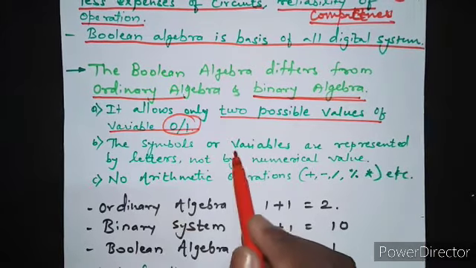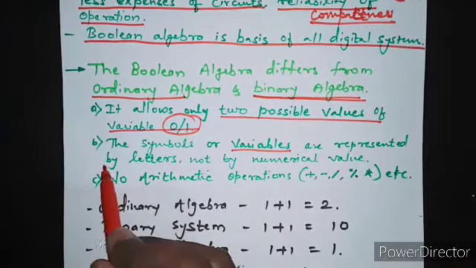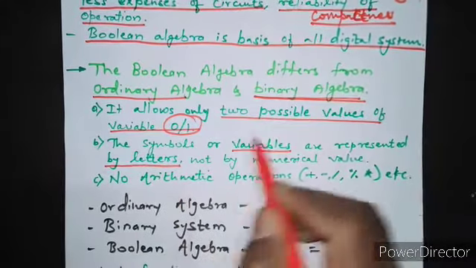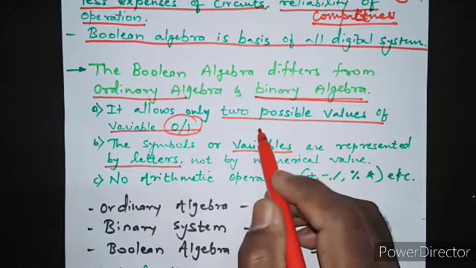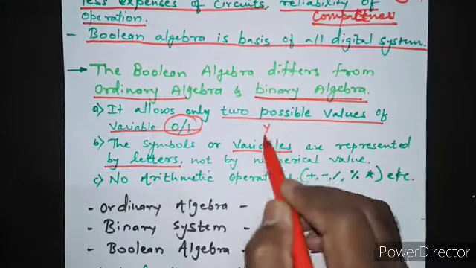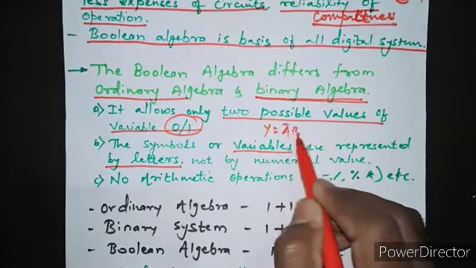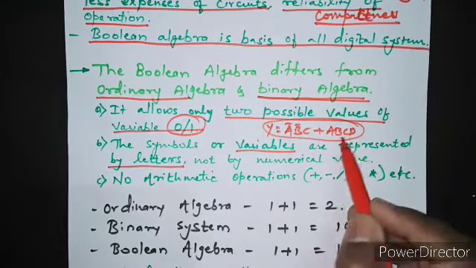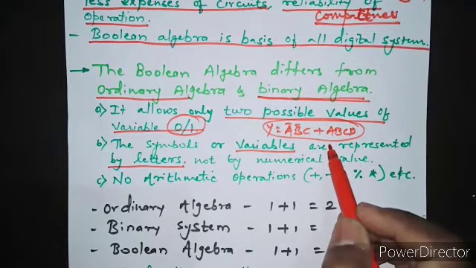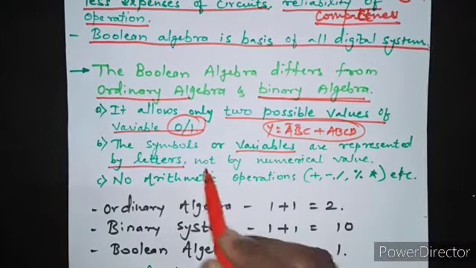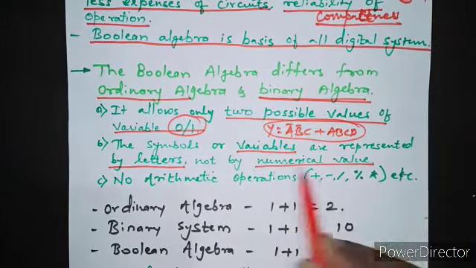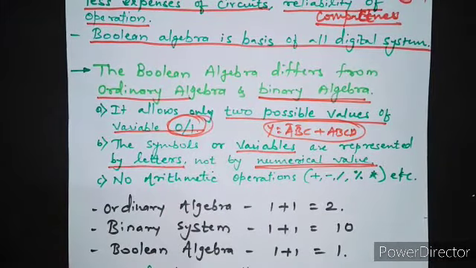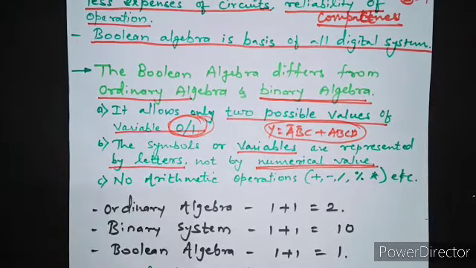The symbols or variables are represented by letters, which we have seen while discussing the logic gates. We had A bar, B bar, C plus AB, so we had this equation. They are not represented by numerical values. You will find no numerical value because we only have zeros and ones.